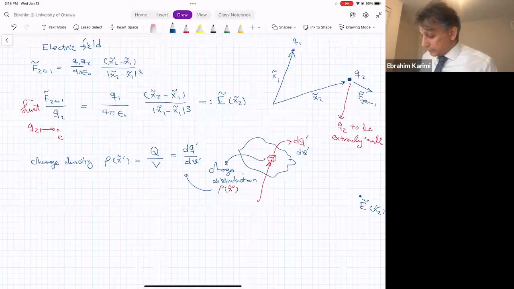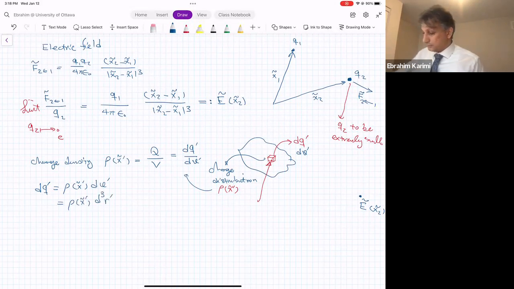Therefore, dq prime will be rho of x prime dV prime, or in my notation, usually I write it d3x prime. When I go with d2, I mean surface. When I go with d3, I mean volume. Good.